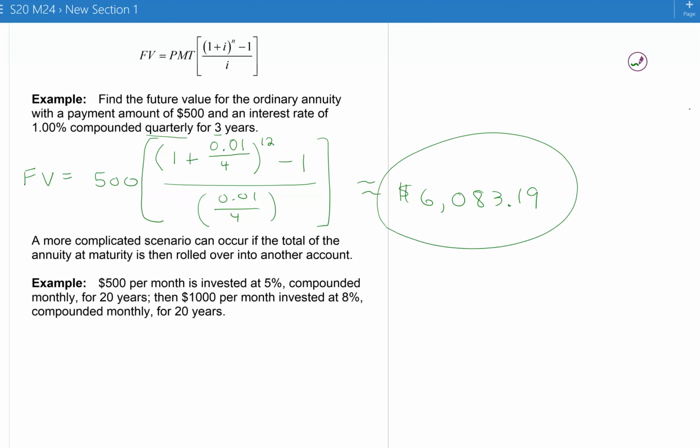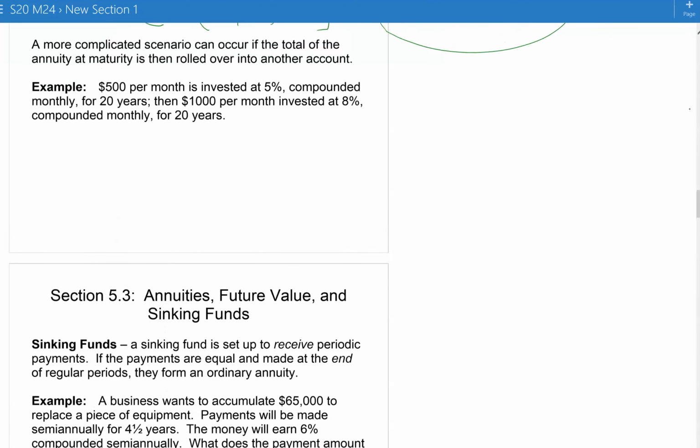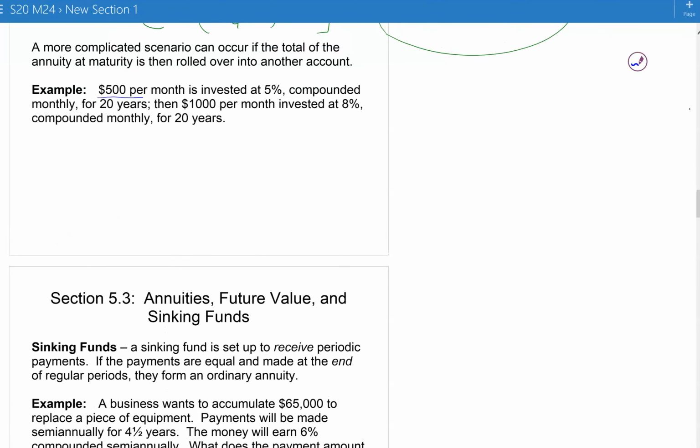Okay, so the next example is a more complicated scenario that I don't think the book explains very well, so let me try to explain it better. This first annuity is $500 a month, 5% compounded monthly for 20 years.